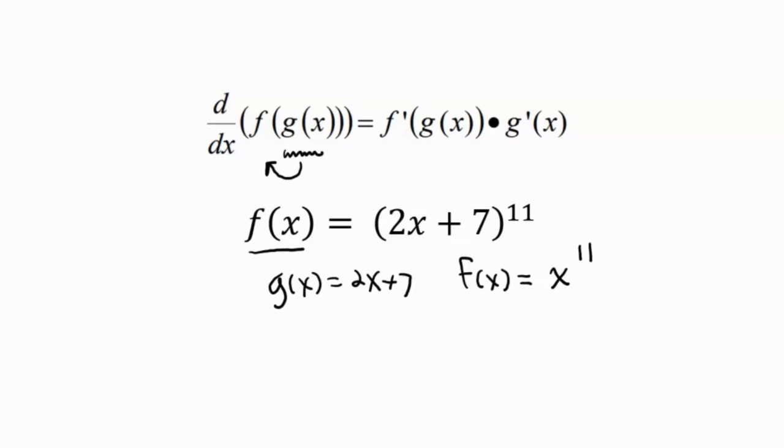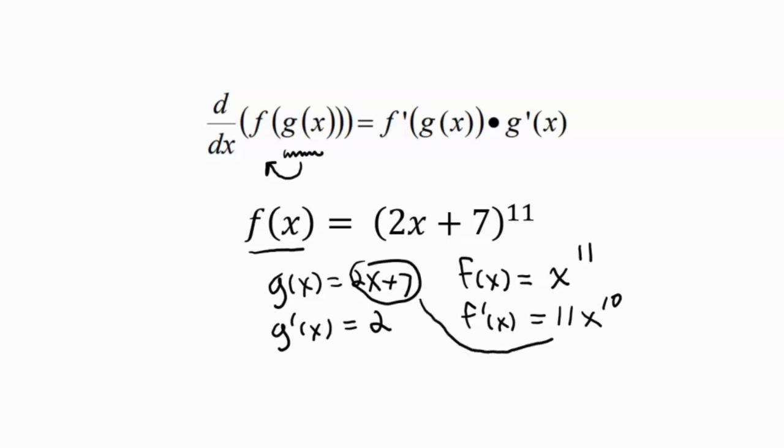Okay, so now we take the derivative of both of these. So g prime x is equal to 2. f prime x is equal to 11x to the 10th. And then we get our answer by taking g of x, 2x plus 7, and plugging it back into f prime.